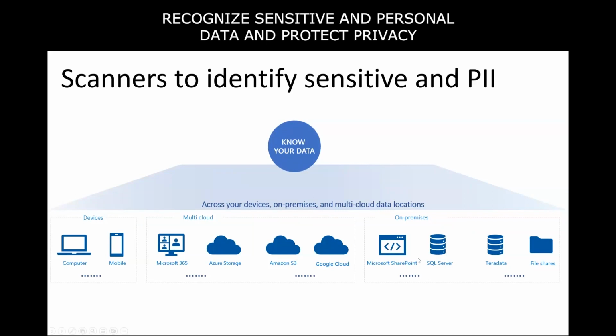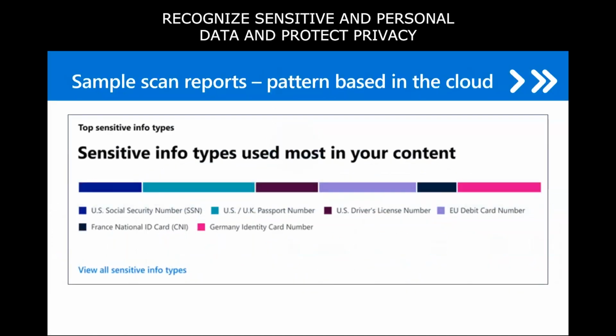Next, I'm going to show you some sample reports. Now that we understand how the identification works, or the techniques behind the identification process, we are going to show you some samples so that you understand what to expect. For example, this is a sample scan report that shows your top sensitive information types in your organization.